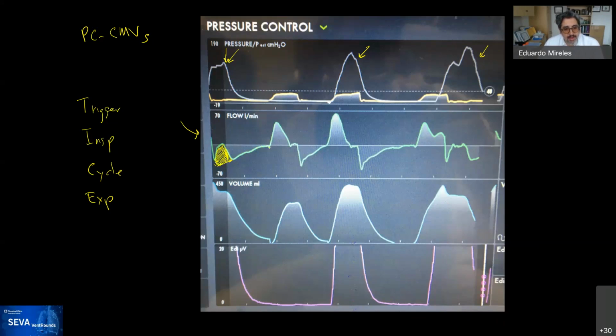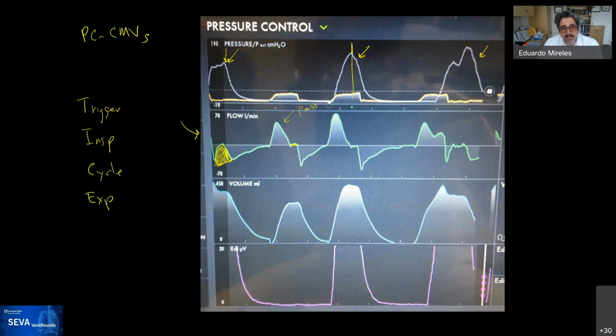Then the machine triggers a breath, and you can see there's absolutely no PMOS. So this is a completely passive breath, with a cycle that, in this case, would not even be a late cycle because there's no PMOS. It didn't trigger anything, but it's the way that you set the machine. But on the next breath, it actually does trigger the breath. You can see how it triggers: the flow goes up, triggers the pressurization of the machine, and here is where the breath cycles.